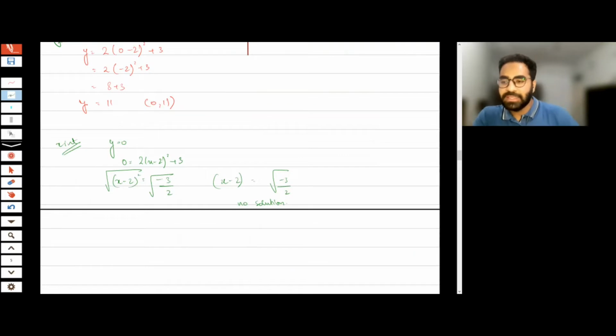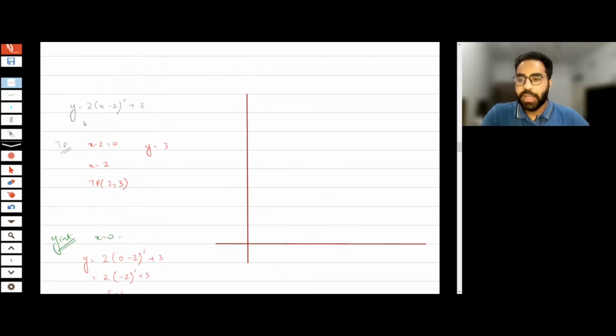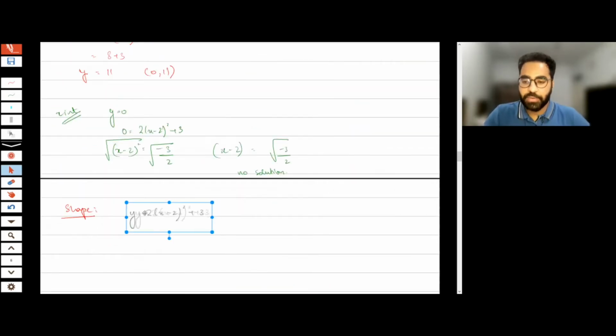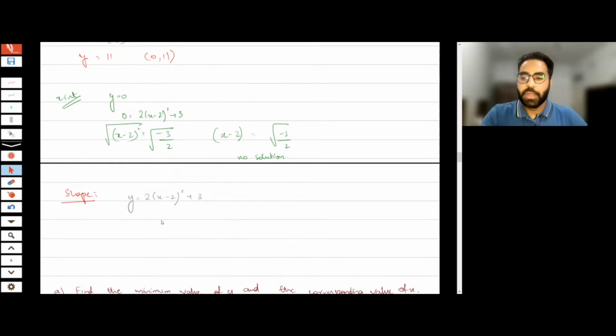The last thing that I need to figure out is the shape of my quadratic curve. For the shape, you need to figure out the coefficient of x squared. I'll just copy paste the equation over here. If you expand this bracket, you'll get positive x squared, and this positive x squared will get multiplied by positive 2 to make positive 2x squared. Remember that you don't have to actually expand this.